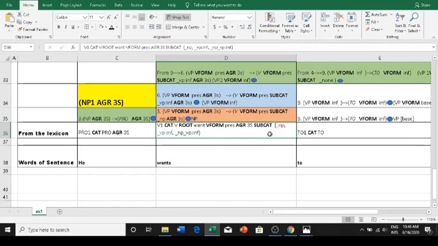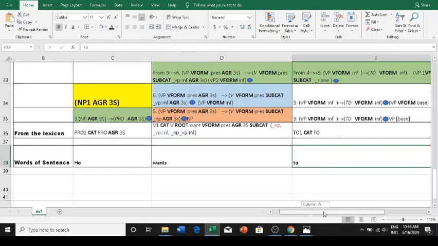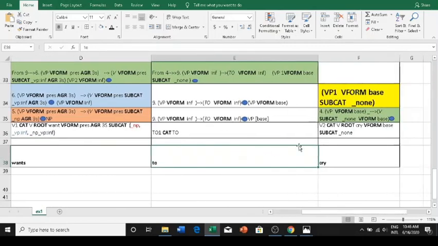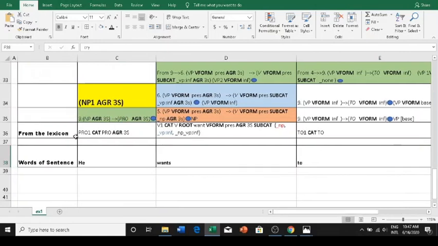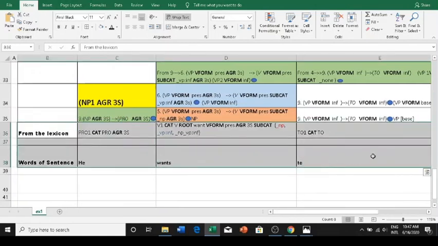It can have a subcategorization of a noun phrase, or an infinitive verb phrase, or a noun phrase and a verb phrase bounded by an infinitive. Then "to" is an infinitive. Other entries are present too, and "cry" is a base form of verb with no subcategorization information. These are the things that we derive from the lexicon as well as from the lexical rules.